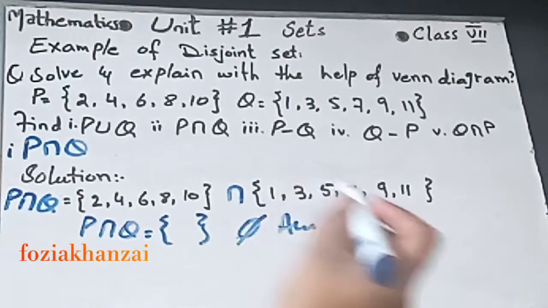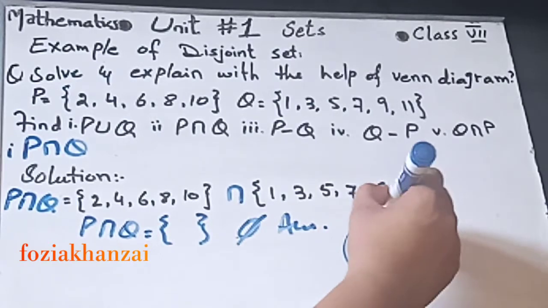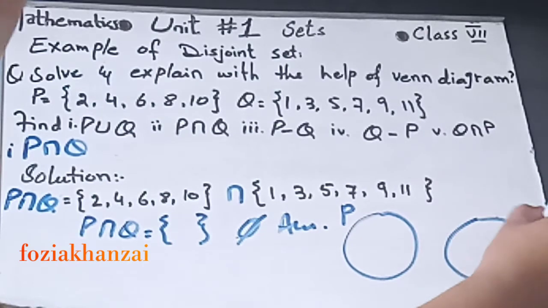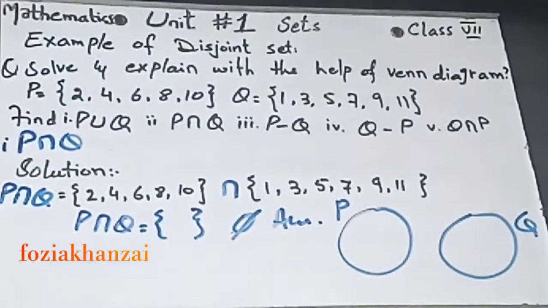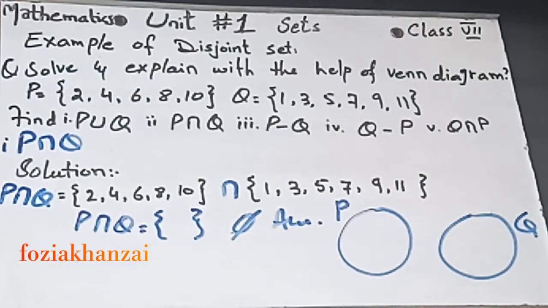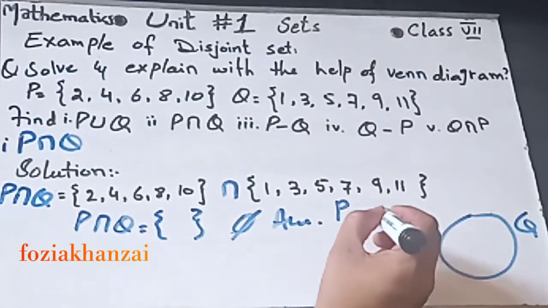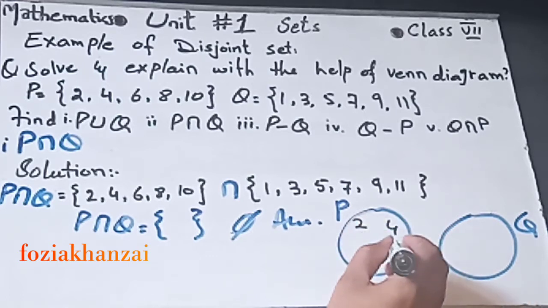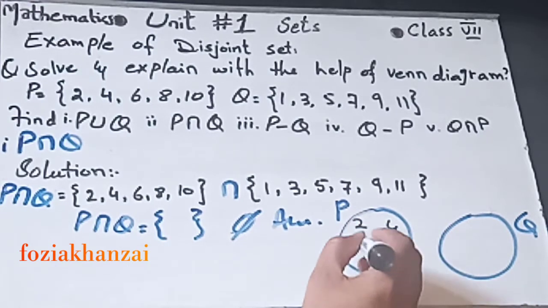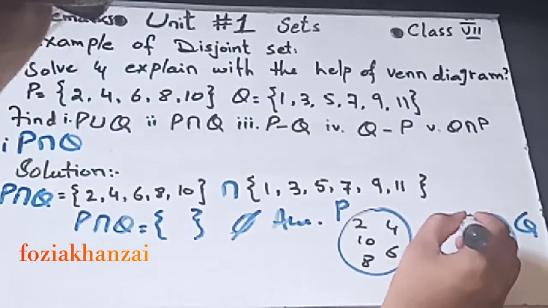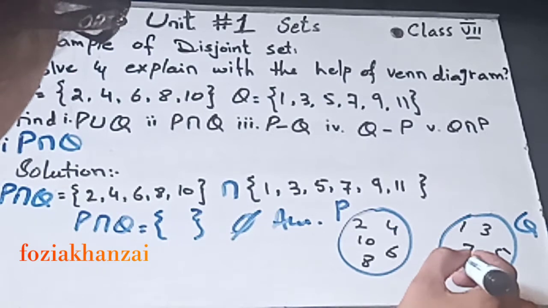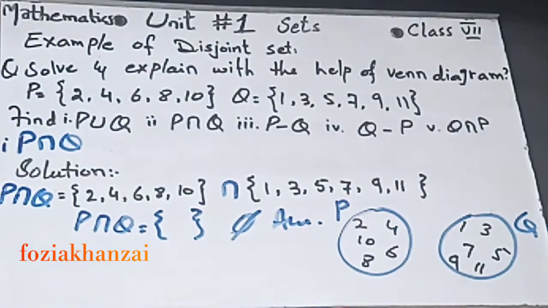Now we draw the two separate circles. First circle represents set P, second circle represents set Q. We write down the elements given in the sets: 2, 4, 6, 8, 10, and 1, 3, 5, 7, 9, 11.